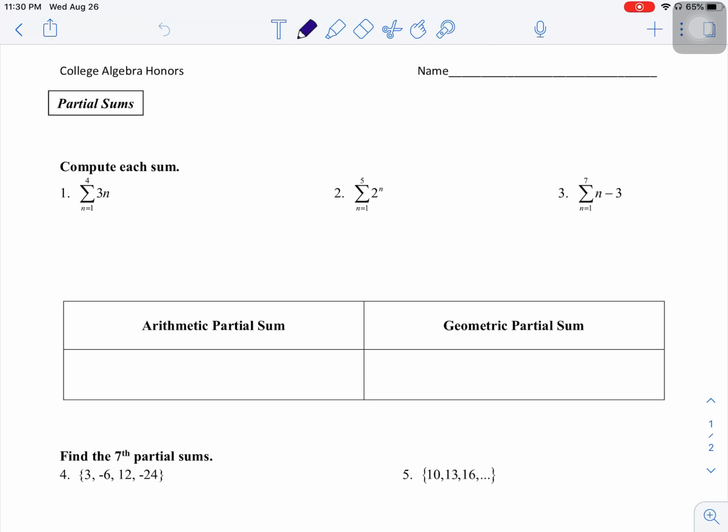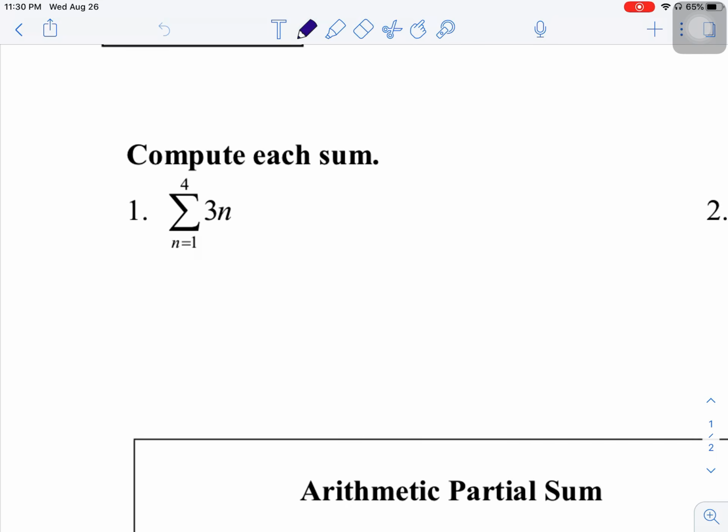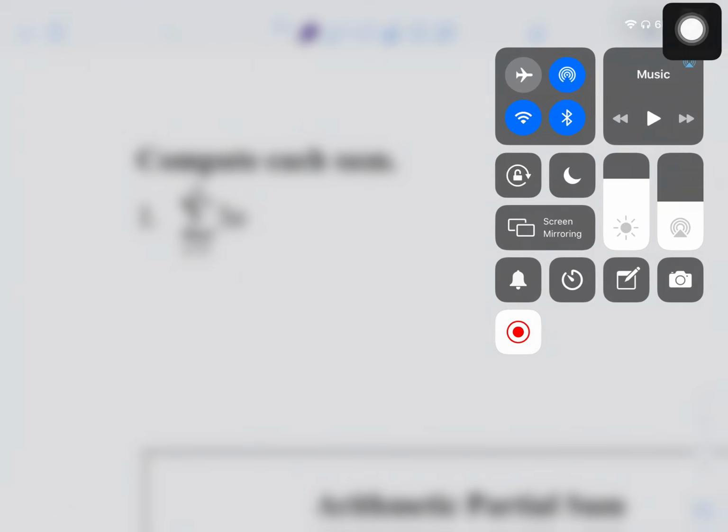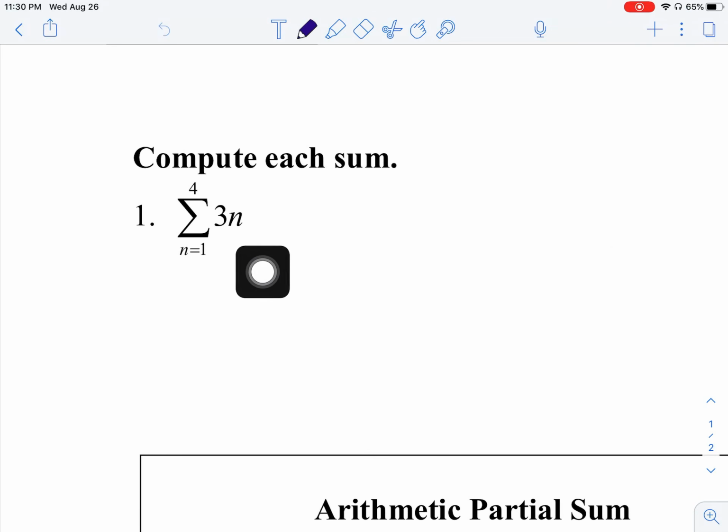So let's talk about some notation here. All right, so this is telling you to do a sum. This is the Greek letter sigma. It is used as summation. That's the first thing you want to know, that you are dealing with a sum.